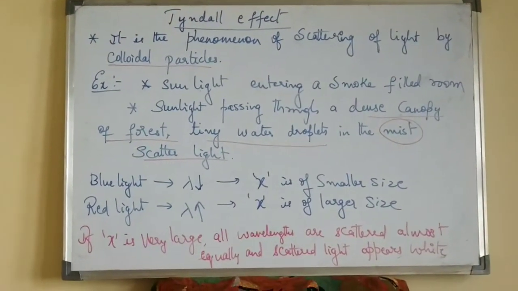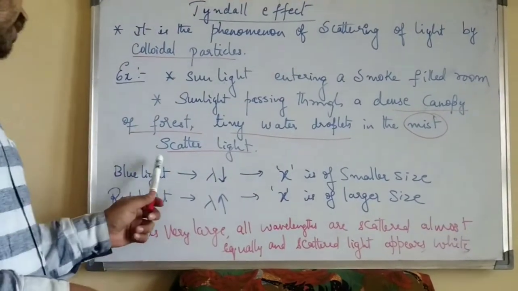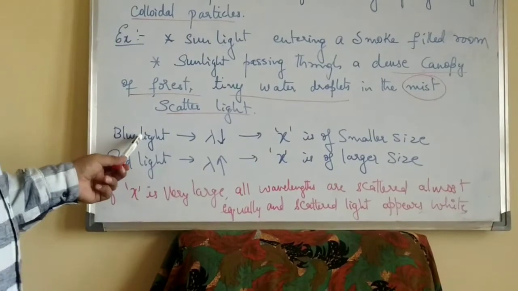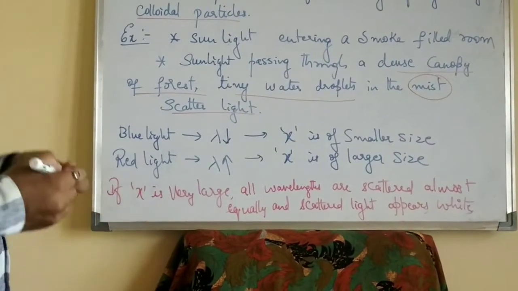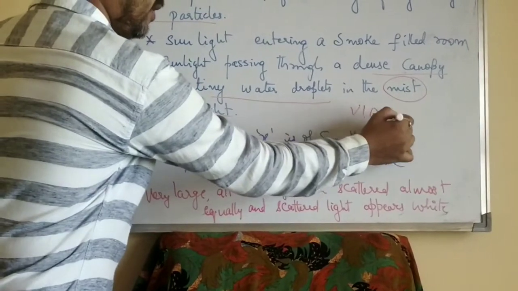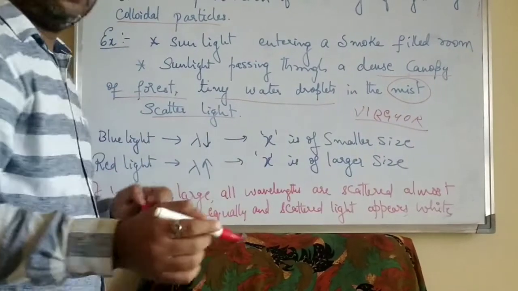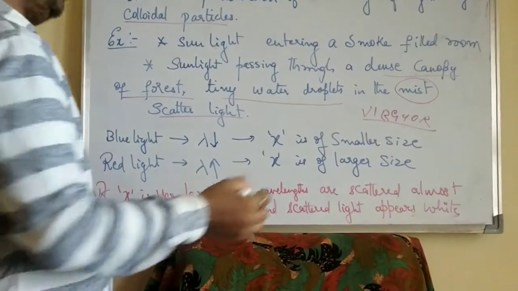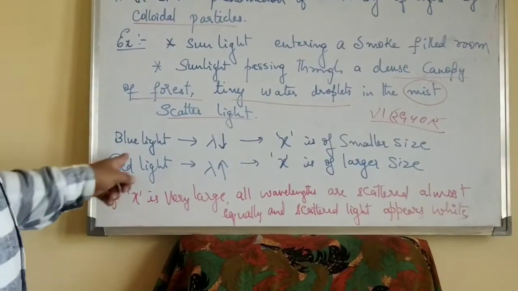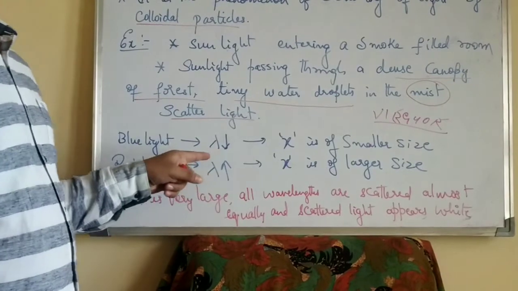Now, the observation that we are intending is very important here, these 3 points. See here, you know that in the visible spectrum, VIBGYOR, that is violet, indigo, blue, green, yellow, orange and red, blue comes first and red comes last. Now that blue light has the lesser wavelength.